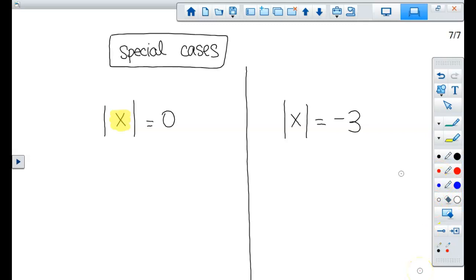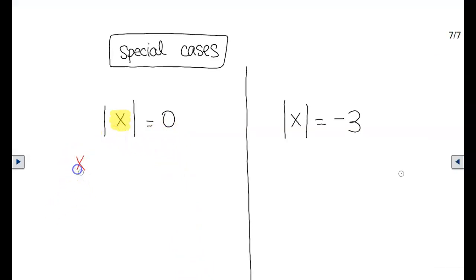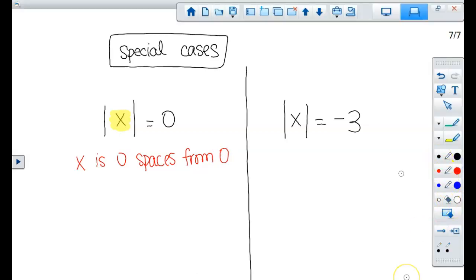And this equation tells me that the absolute value of that x is 0. So remember, this is how many spaces x is away from 0. So this says x is 0 spaces from 0. X is 0 spaces from 0.